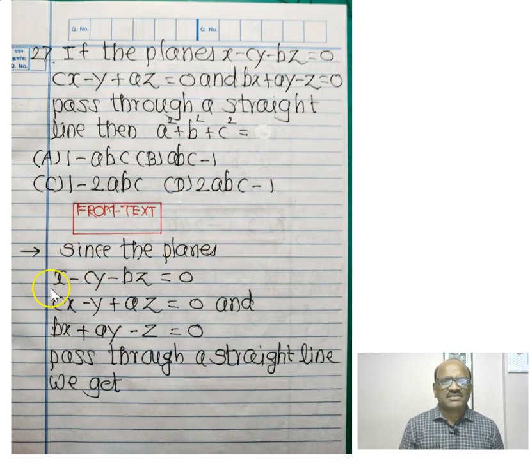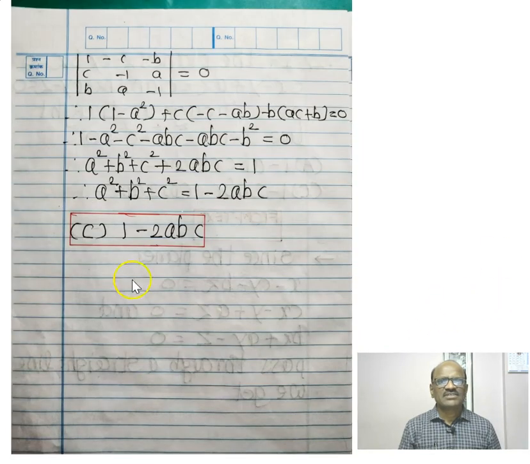Since the planes ax minus cy minus bz equals 0, cx minus y plus az equals 0, and bx plus ay minus z equals 0 pass through a straight line, we can write it like this: the determinant with rows a, 1 minus c minus b; c minus 1, a; b, a, minus 1 equals 0.